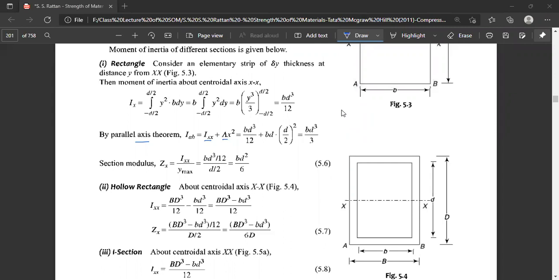That is I_XX, and Z_XX should be in the same way: capital B D cube minus small b d cube divided by 12, divided by D by 2. So Z_XX is equal to (BD cube minus bd cube) divided by 6D.